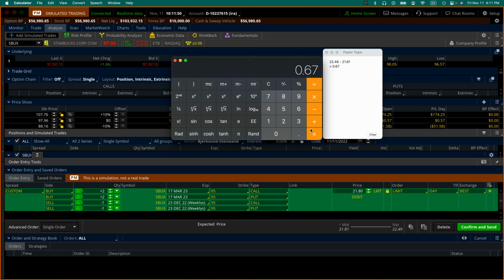Okay, that's liquid enough. Divide that by 22.49, and that's less than 1%. I think times 100, yeah, 2.97%. Okay, so we can do this one.